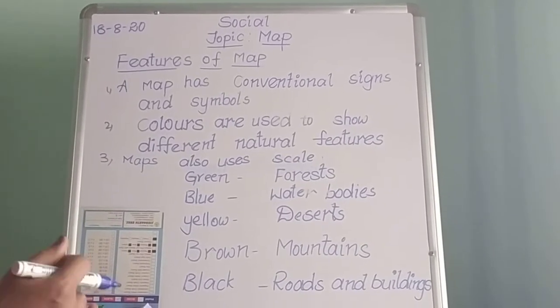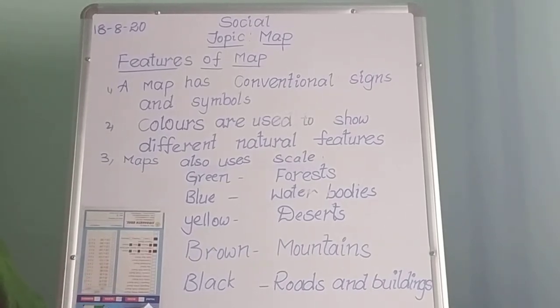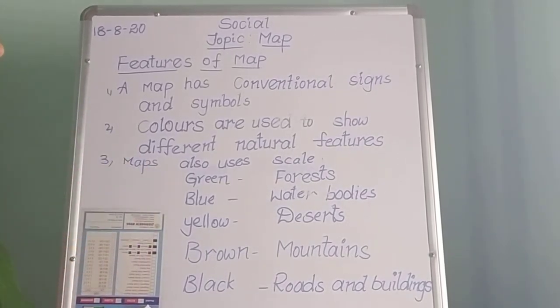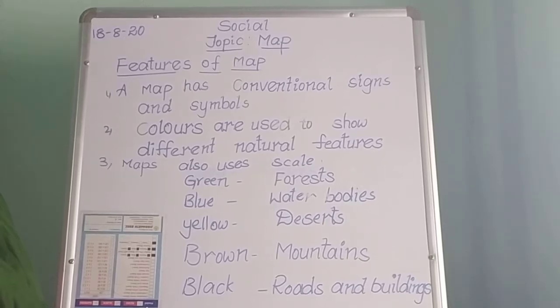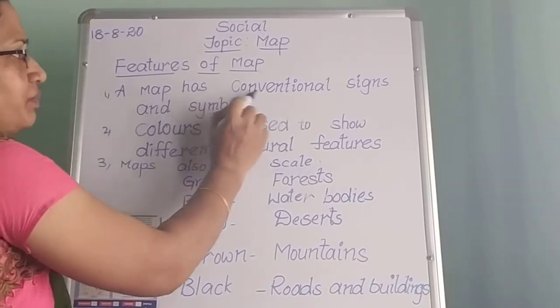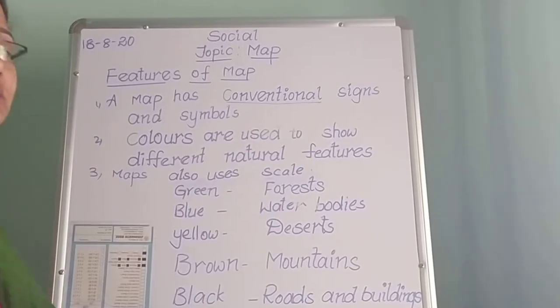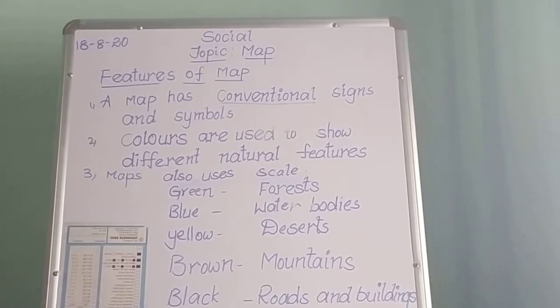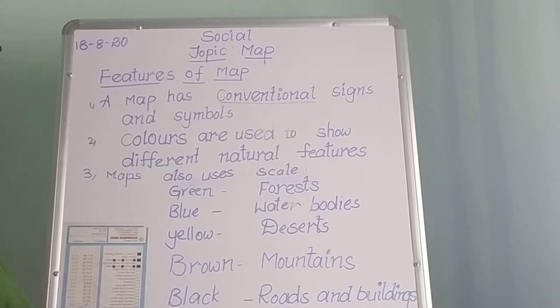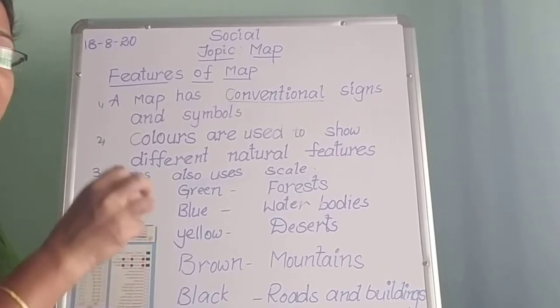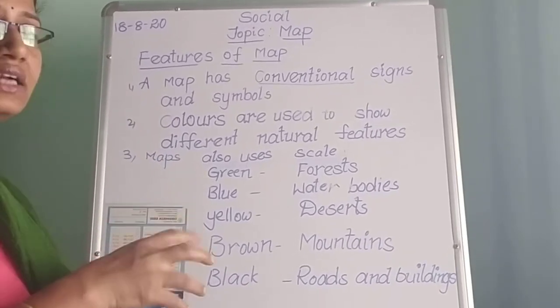What are the other features? A map has conventional signs and symbols. What is meant by conventional? Conventional means traditional. So in the map, we are going to use traditional signs and symbols.